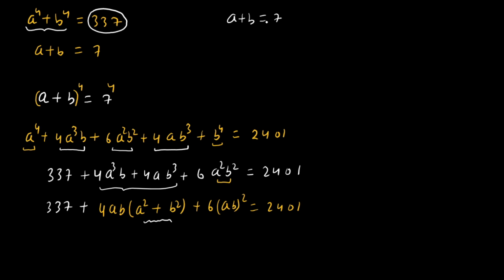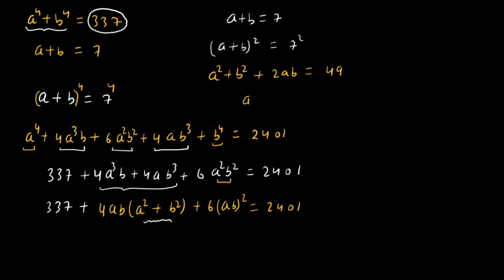If we square both sides, (a plus b) whole square equals 7 square, and by the algebraic identity, a square plus b square plus 2ab equals 49.